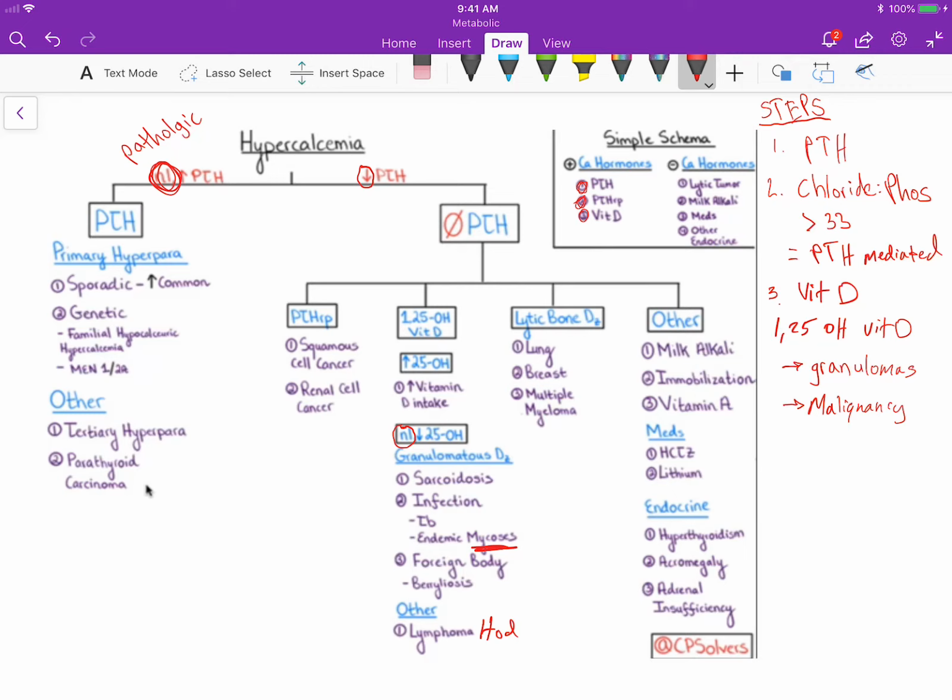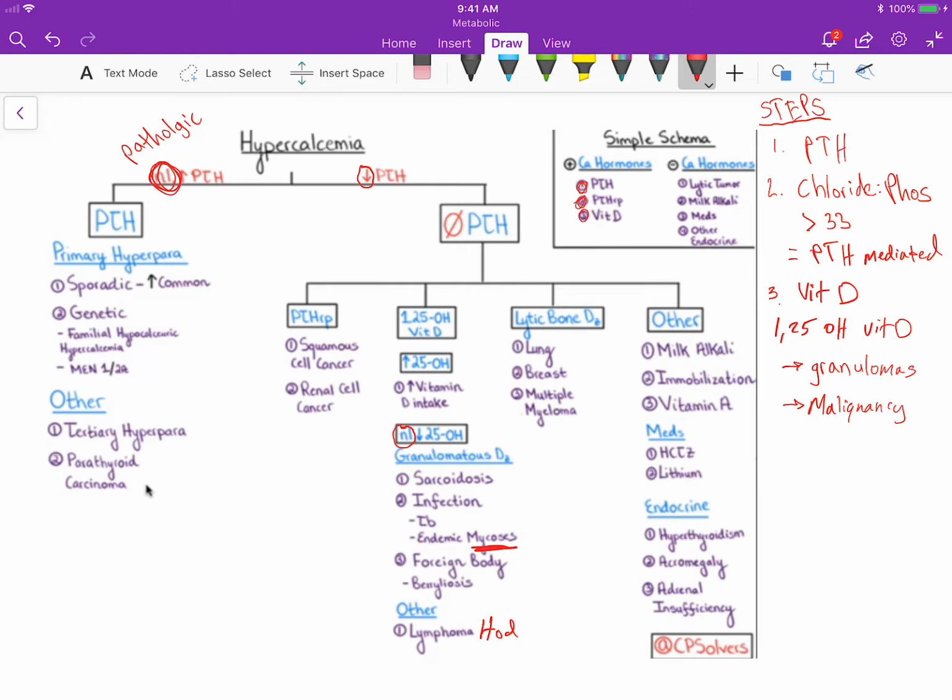Okay. Now, really, the first thing you want to do, as I said, is decide whether or not this is a PTH mediated process. And if it turns out that it is not a PTH mediated process, then you have to be thinking either vitamin D mediated or parathyroid related peptide mediated.